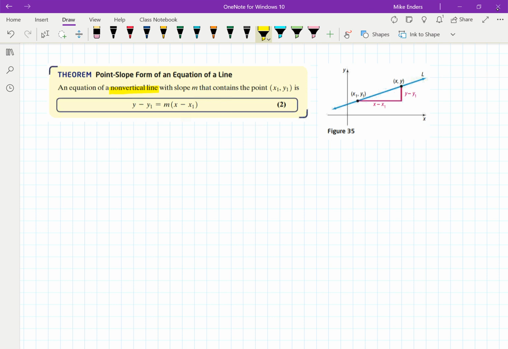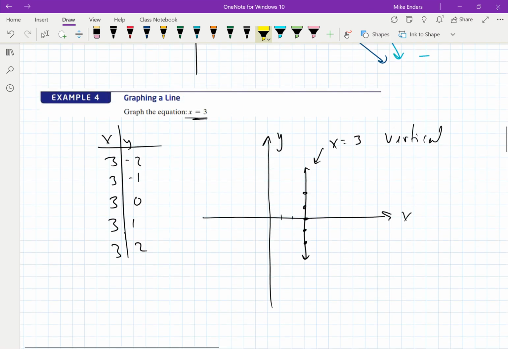It has to be non-vertical because if it's vertical, like what we had up here, that equation is in the form of x equals just whatever number. So x equals a number, and that's going to be different from y minus y1 equals m times x minus x1. Also, if I take any two of these points and look at the slope, that's y2 minus y1 over x2 minus x1.